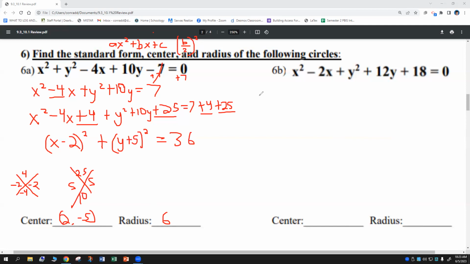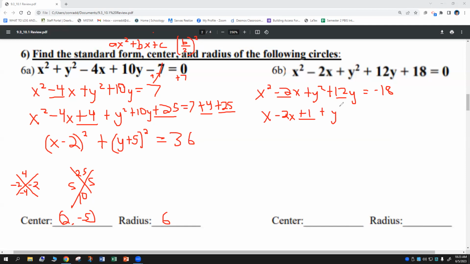All right, next one's the same thing. So we'll line up our x's. Looks like they're already lined up. The only thing here to do is move the 18 to the other side. Okay, and then our b's here are going to be -2 and 12. So I'm going to do x² - 2x. -2 divided by 2 is -1. -1 squared is +1.